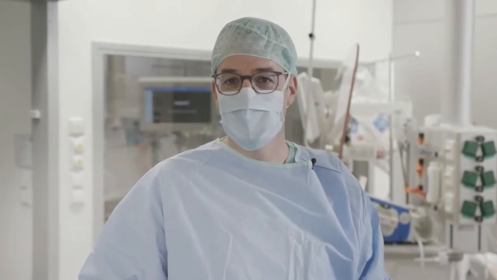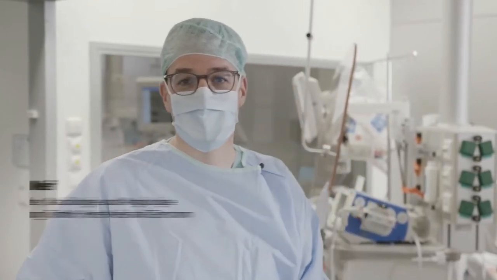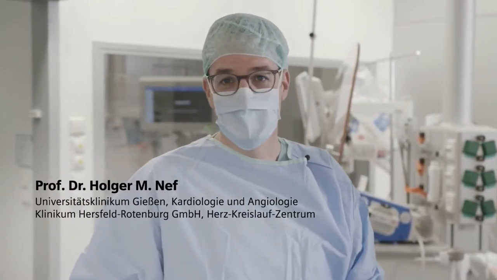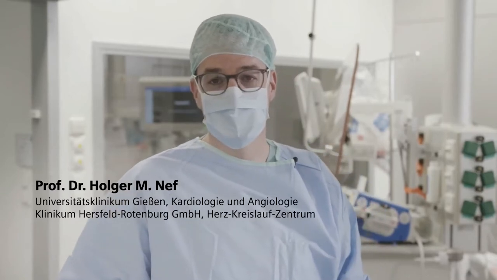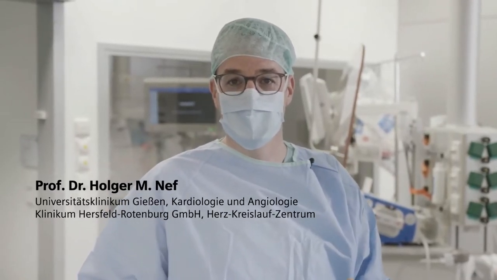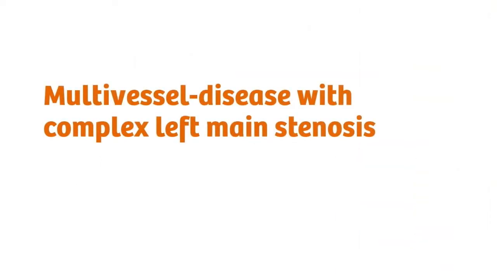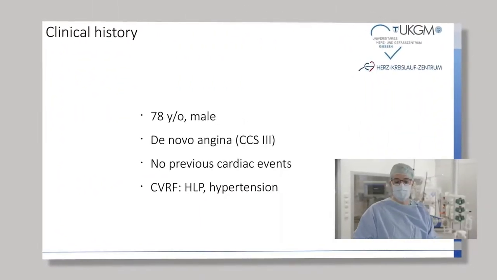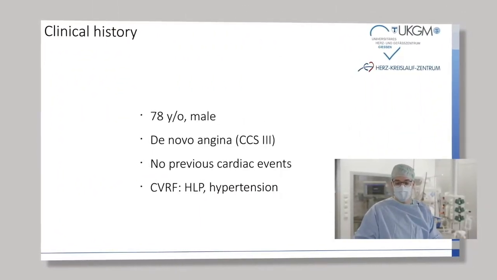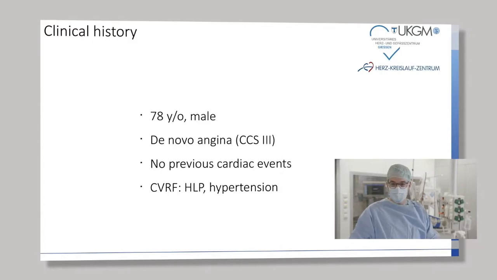Dear colleagues, welcome to the University of Gießen. It's my pleasure to welcome you to this cath lab to present to you today a live-in-a-box case, multi-vessel disease with complex left main stenosis. I want to present you the clinical history of our patient today. It's a 78-year-old male patient with de novo angina in class CCS 3.